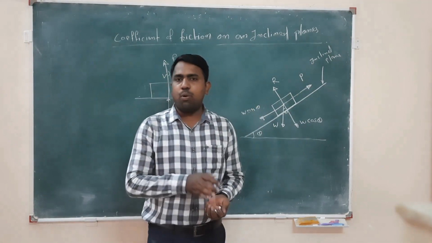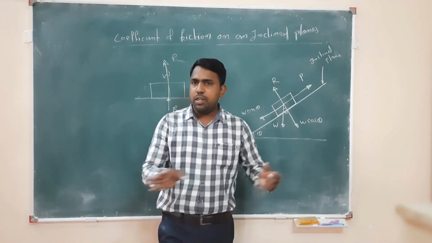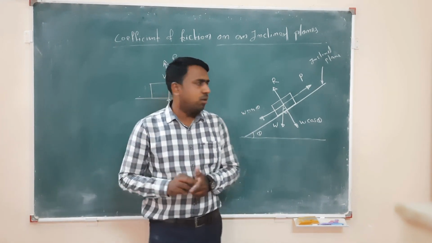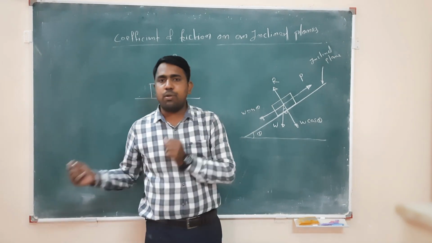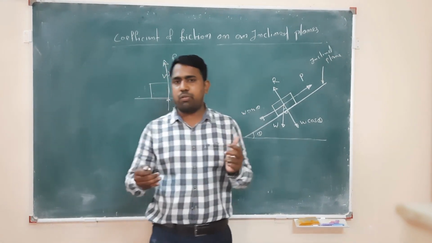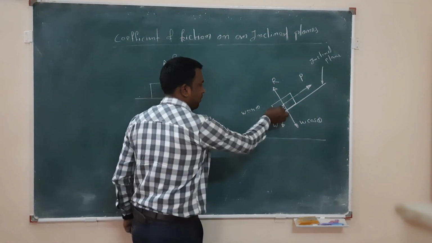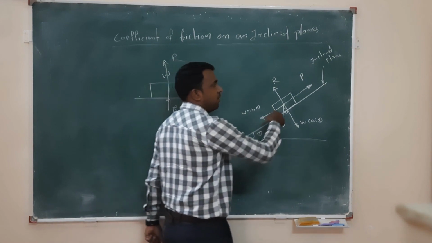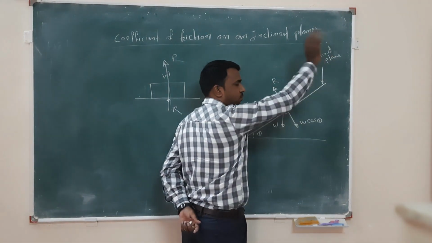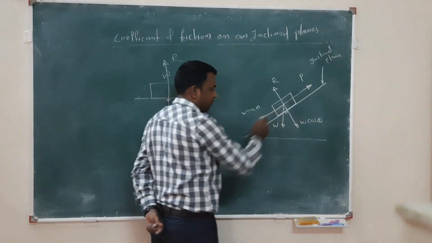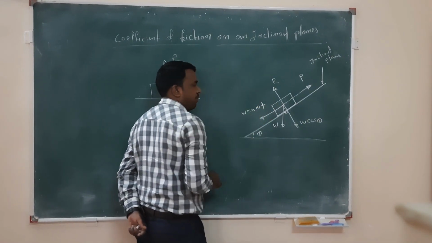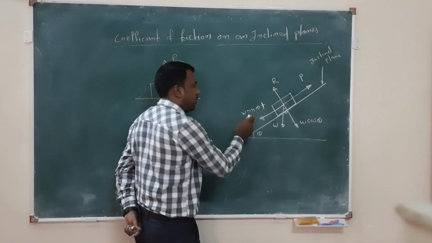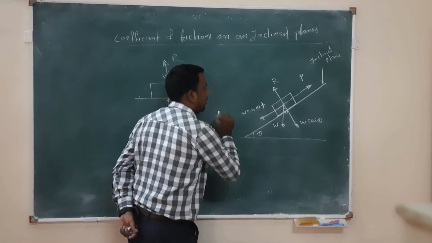So when the box is moving up the inclined plane, the frictional force acts in the opposite direction of the movement. The box is going up in this direction, so in the opposite direction the force created is the frictional force. So the frictional force will act in this direction, opposite, because the box is moving upward.